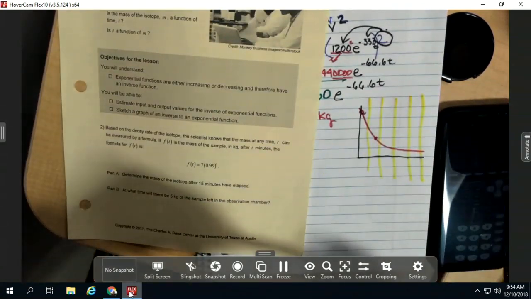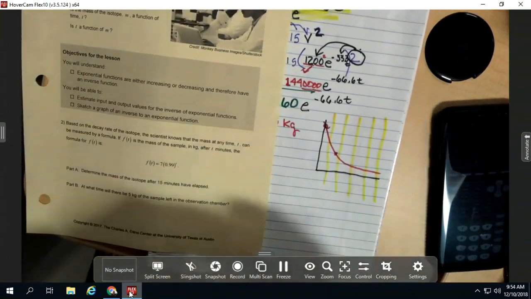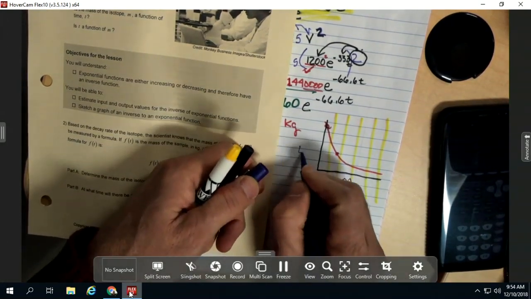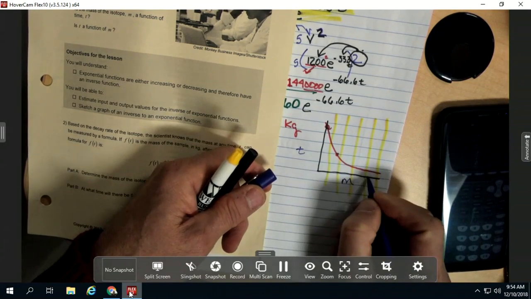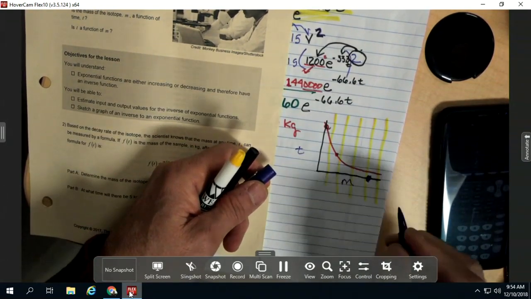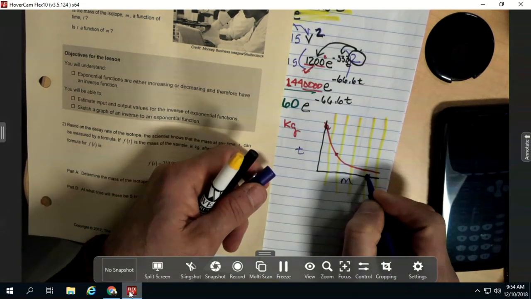If we were to graph this the opposite way, so that this is the mass axis and this is the time axis, do you agree it would go through this point over here, 7, right?